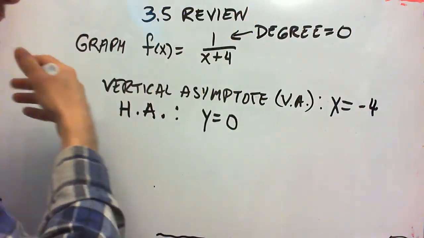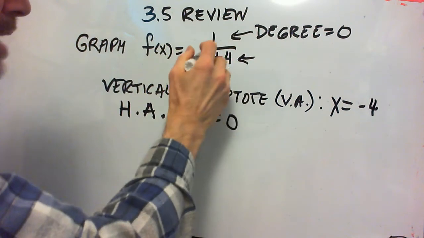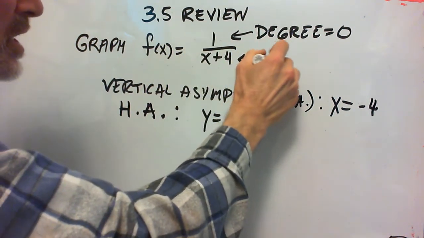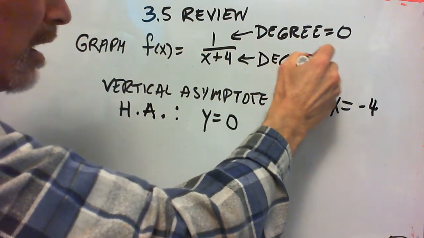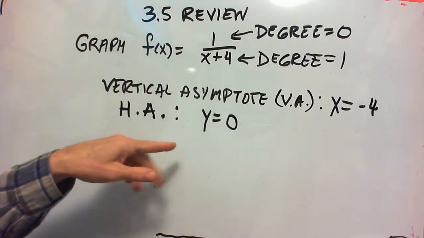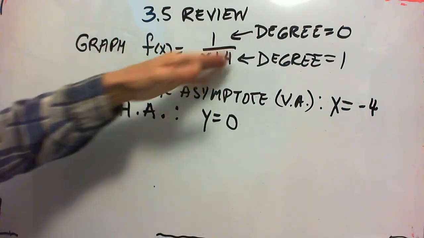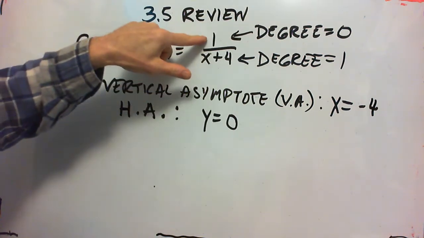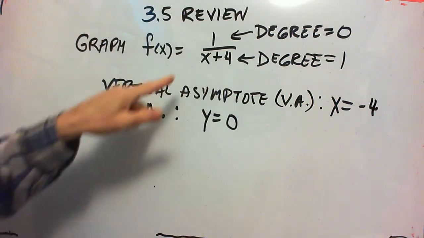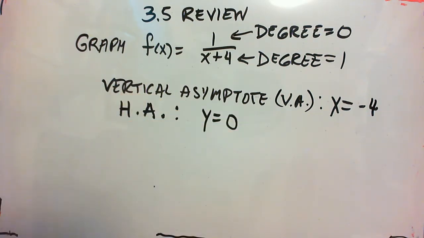There's no x. It's x to the 0 power is 1. The denominator has x to the first, so it has degree equal 1. So what's happening here is the denominator increases to large values, the numerator stays at 1, and the function approaches y equals 0 for large positive and negative x values.